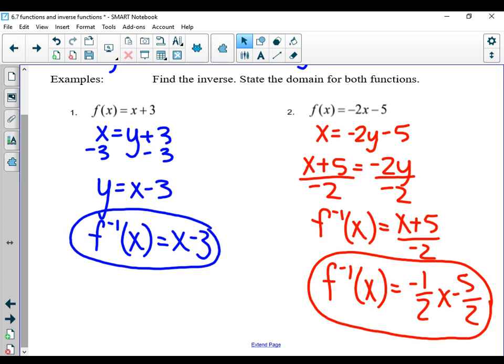So go to your calculator real quick. And on number 1, I want you to type this in as your Y1, and this is your Y2. Your original is Y1, and then your inverse is Y2.